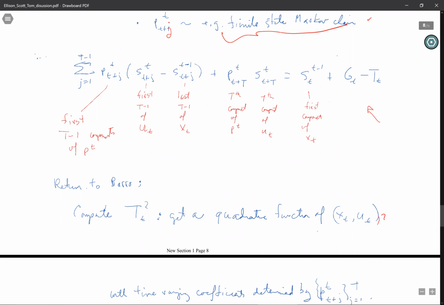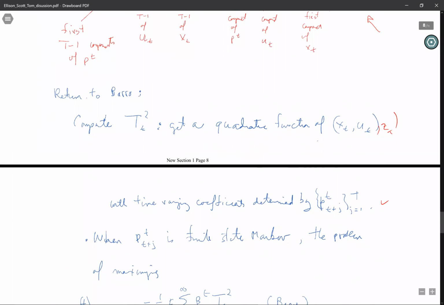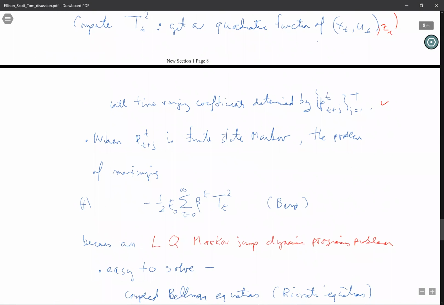And I should add Ct. It's a quadratic function of all those things with time-varying coefficients that are determined by this Markov chain. So when ptt plus j is a finite state Markov chain, Barro's problem, maximizing this, now just becomes a linear quadratic Markov jump dynamic programming problem. And that's really easy to solve.